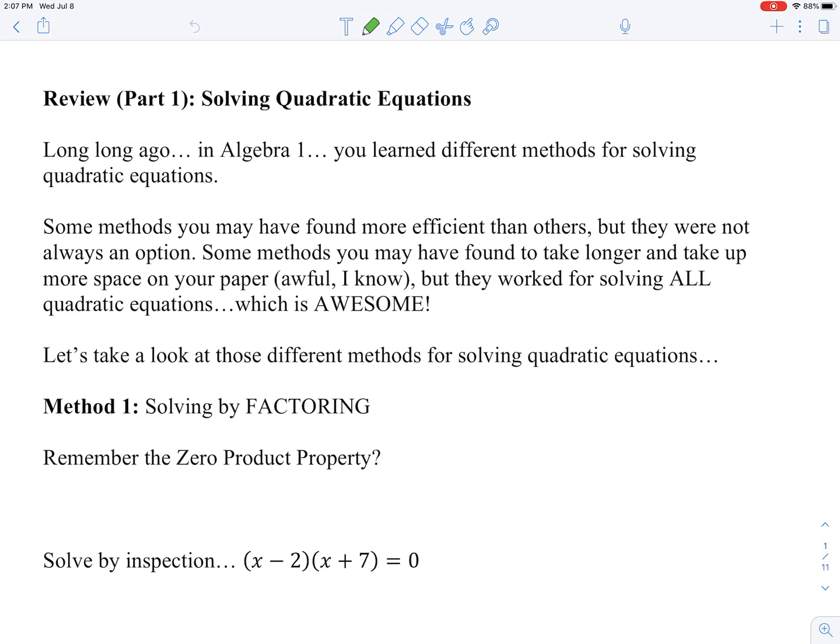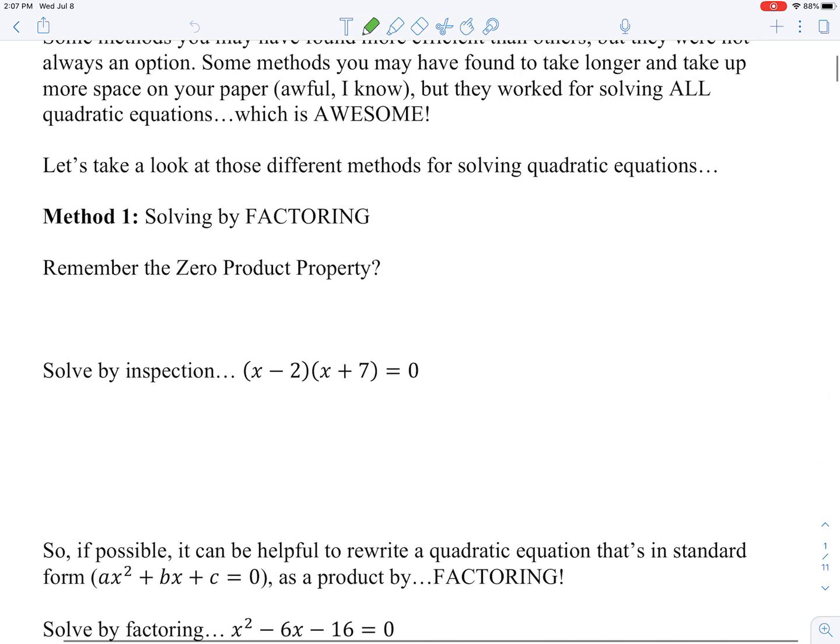So long ago, remember in Algebra 1, you learned these different methods for solving quadratic equations. Some of the methods you may have found to be more efficient or faster than others, but they maybe didn't always work for every single quadratic equation. And then some methods you might have found took longer, however, they were foolproof. They worked every single time for every single quadratic equation.